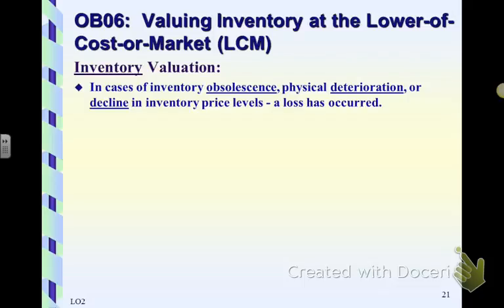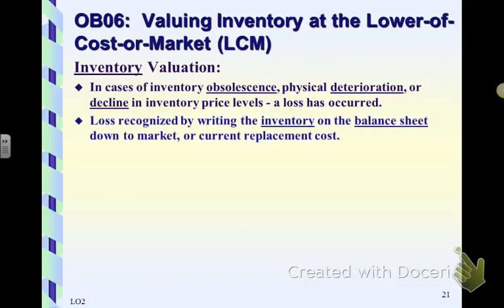Then you've got to take a loss at the time when you recognize that the value of the inventory is below what it cost. You write the value of the inventory down on the balance sheet, and you immediately expense the difference.